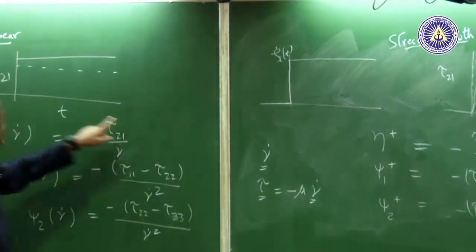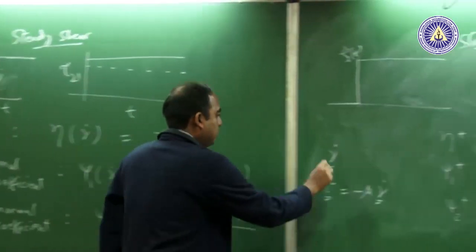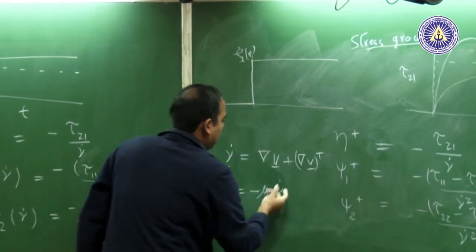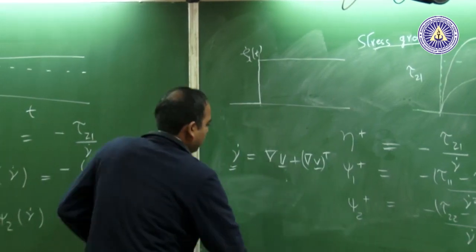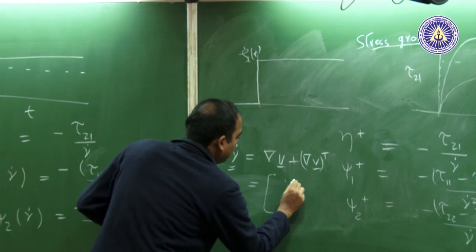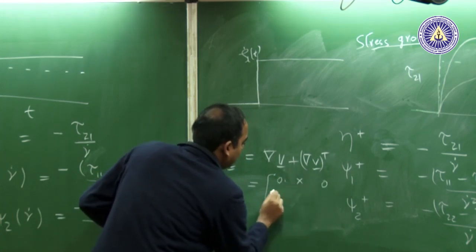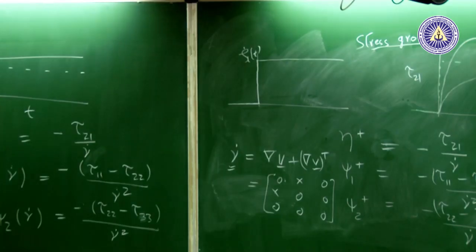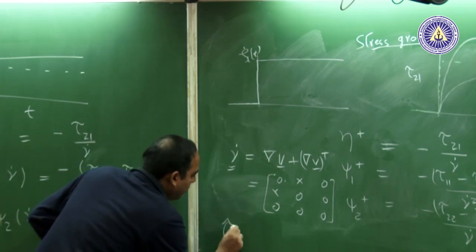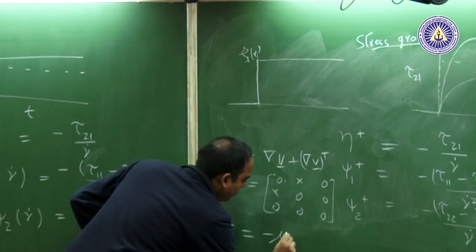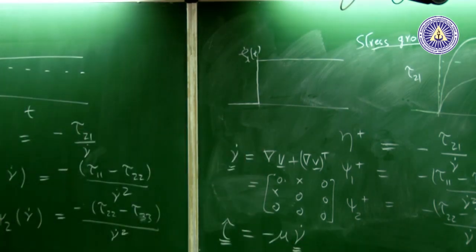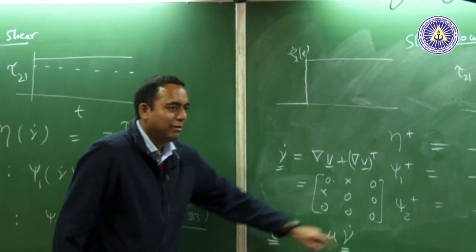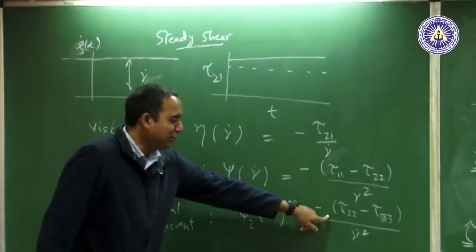The rate of strain tensor for steady shear has a 0 here, non-zero here, non-zero here, 0 here, and so on. Then tau is minus mu multiplied by the rate of strain tensor, which means the diagonal entries are 0 minus 0, which is 0, again 0 minus 0 is 0.